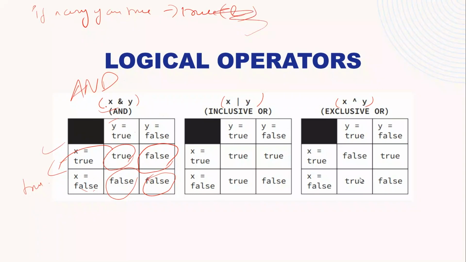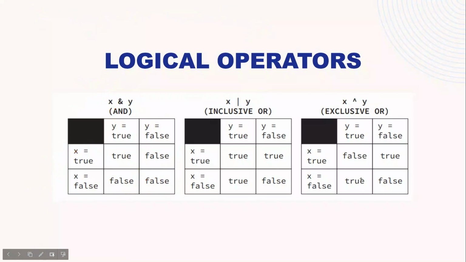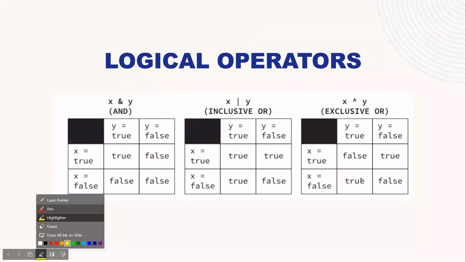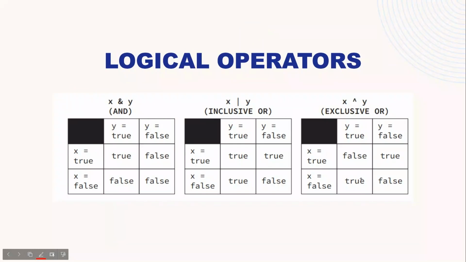Now talking about the OR operator. In the OR operator, it is basically the opposite of the AND operator, right? Now in this case, if it is true and true, we get true over here. If it is true and false, we get true. If either one of them is true, we get a true.